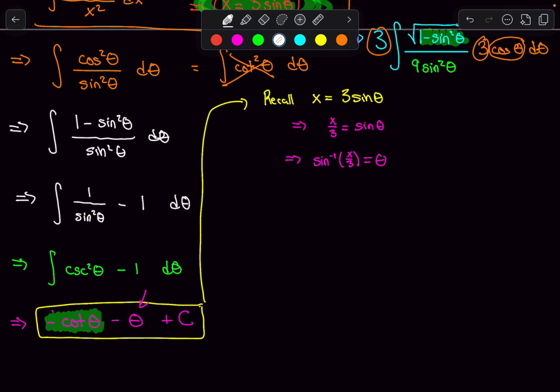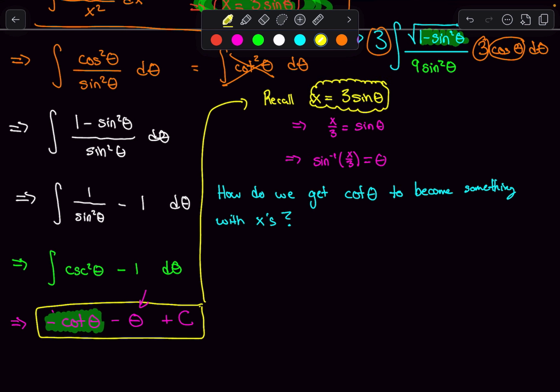And so I'm going to suggest that we simplify this just a little bit in the following way. So the current question that we're trying to answer is, how do we get cotangent of theta to become something with x's? Right, something with x's. And the key thing here is that we already have a relationship between theta and x.